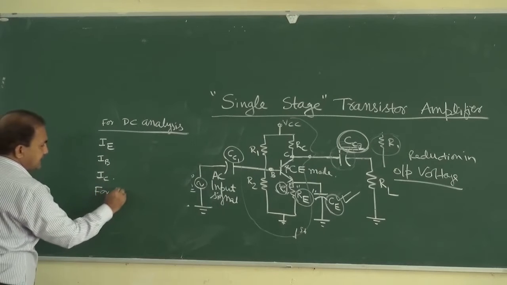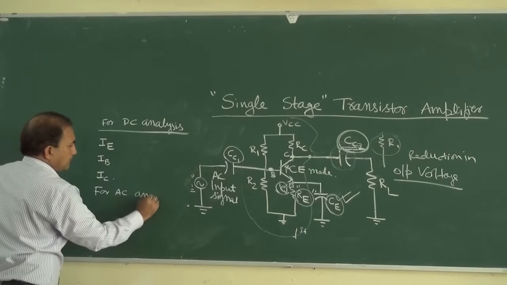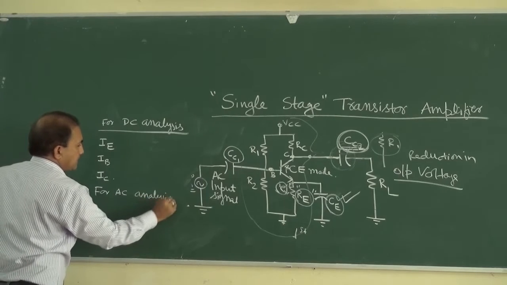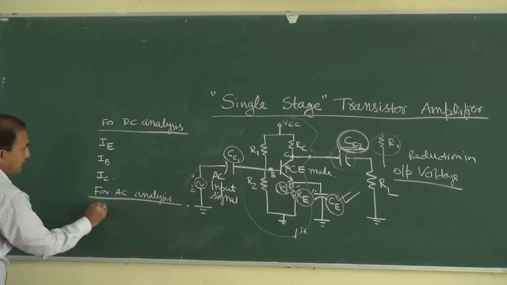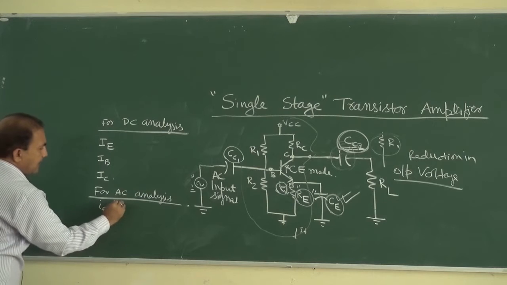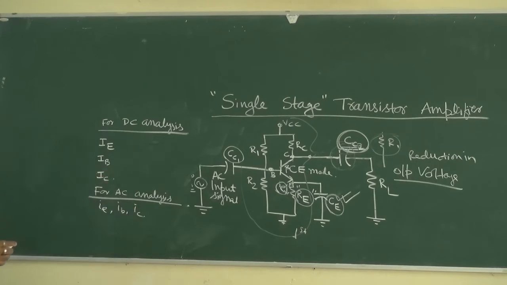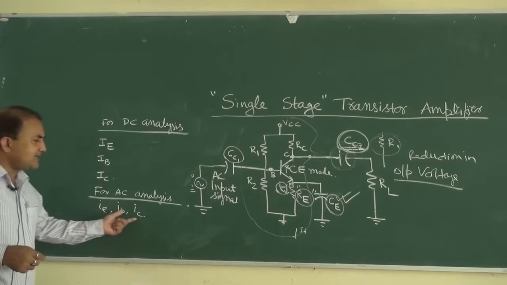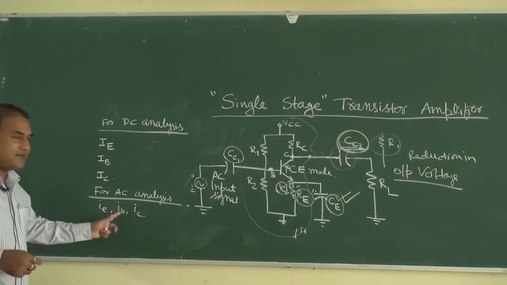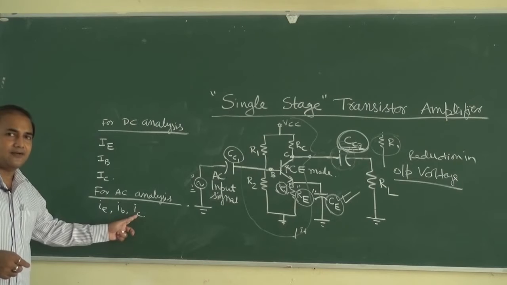Similarly, for AC analysis, we can write ie, ib and ic. Okay, so these are the AC emitter current, AC base current and AC collector current.